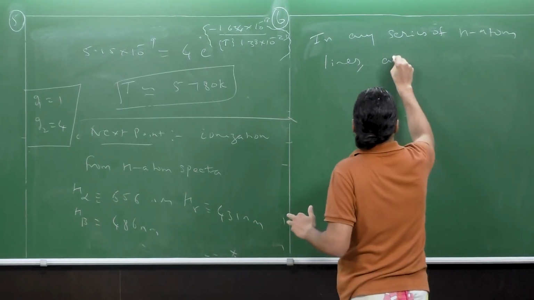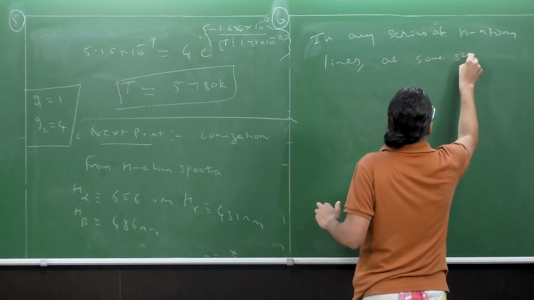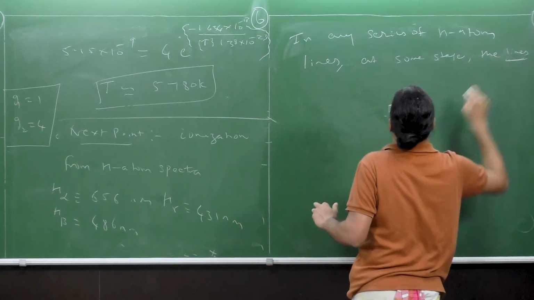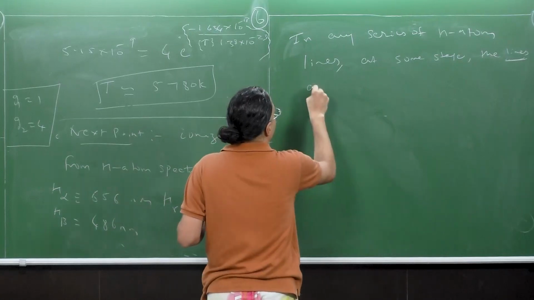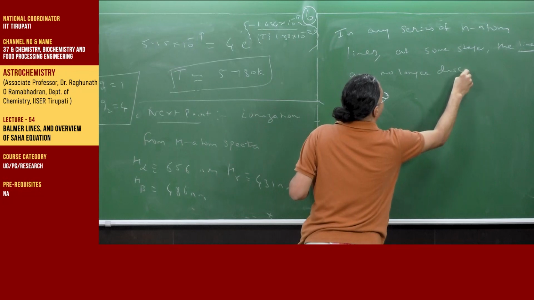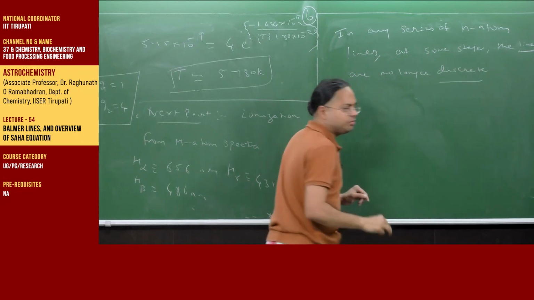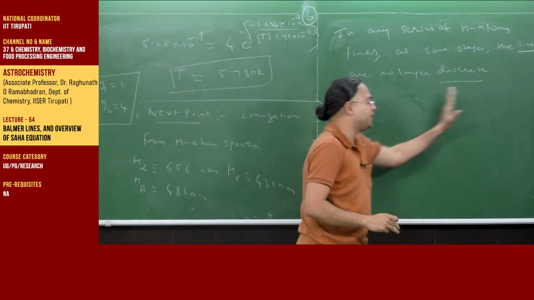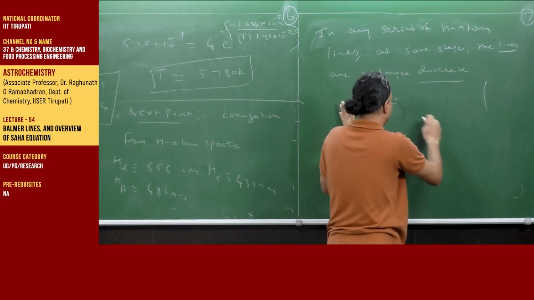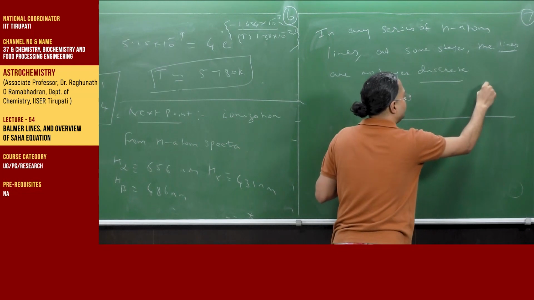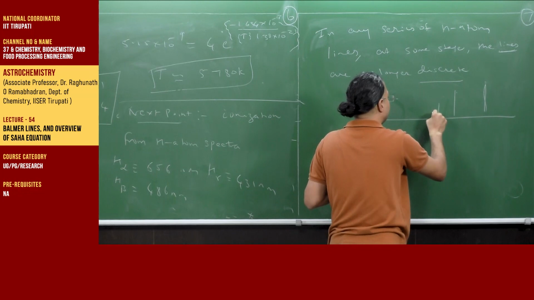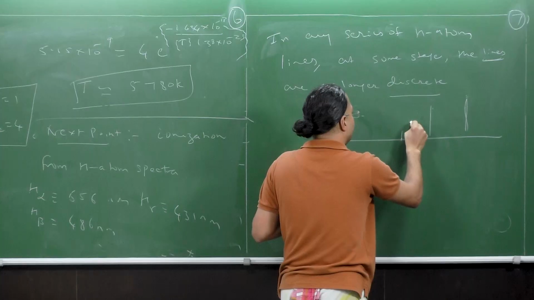At some stage, the lines are no longer discrete. In other words, if this is decreasing wavelength, you have one line here, one line here, one line here, and so on.